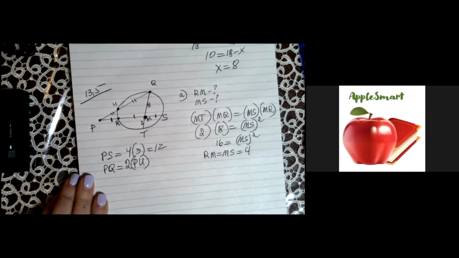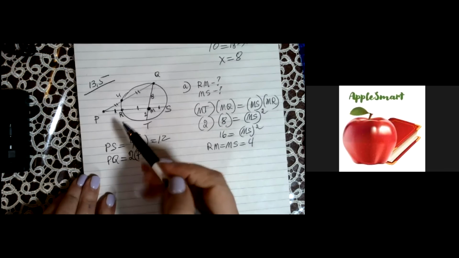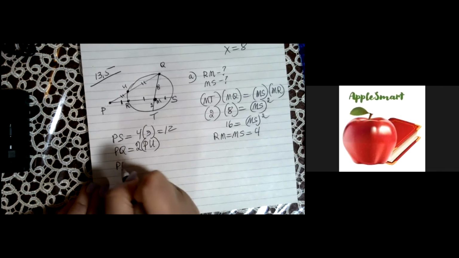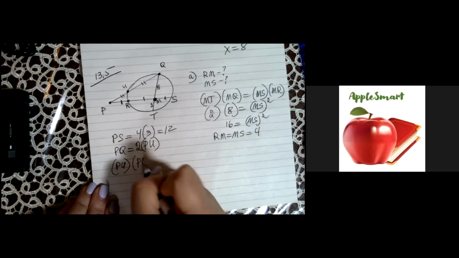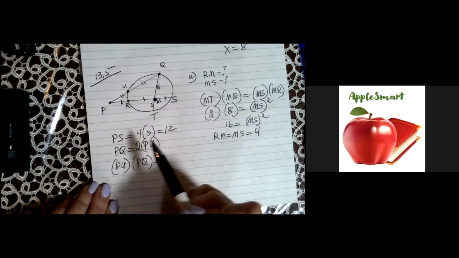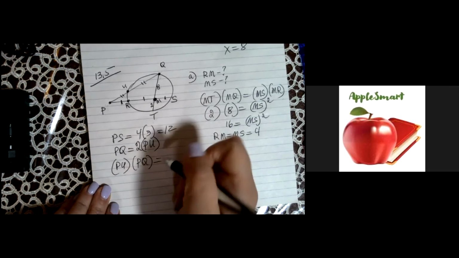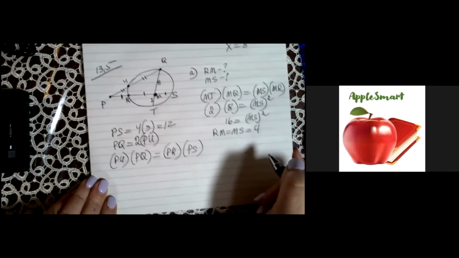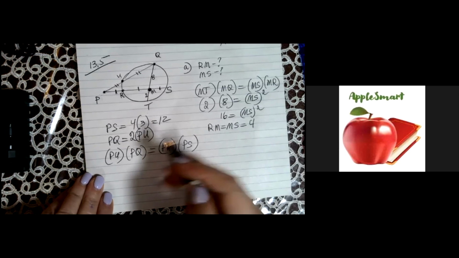Okay. Now we can say that PU times PQ will be the same as PR times PS. PR times PS. Okay, so now let's see.